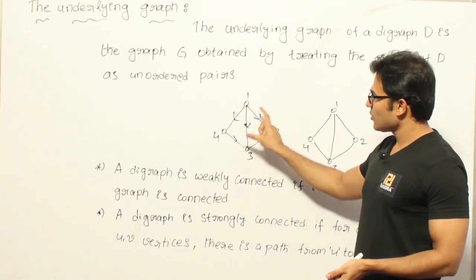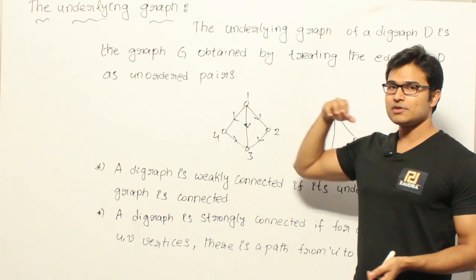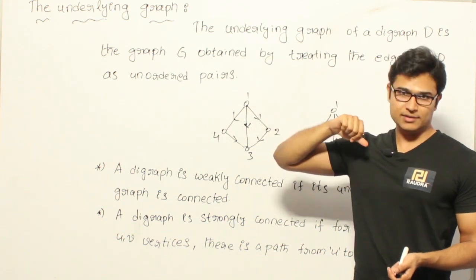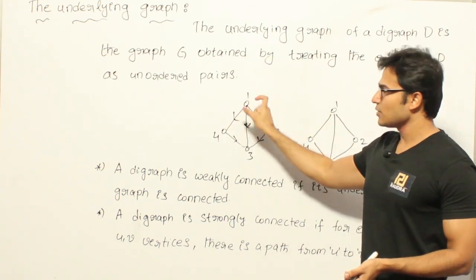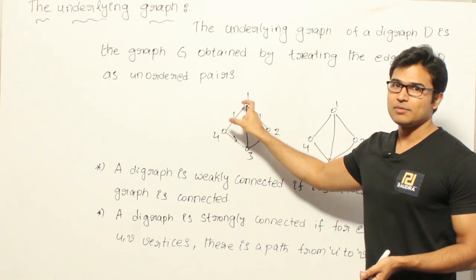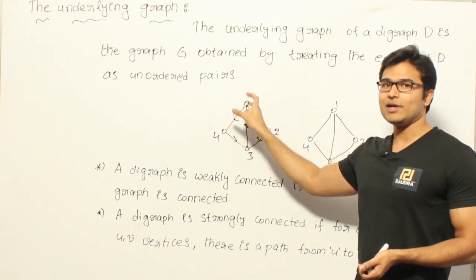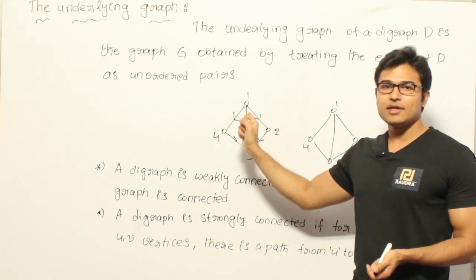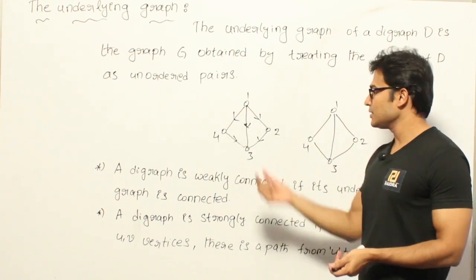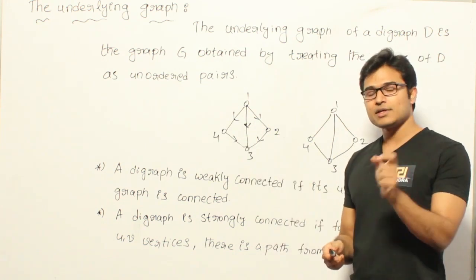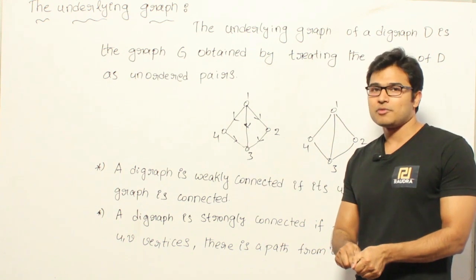In this case, connectedness is similar to the definition which we have seen in the undirected case. If between every two vertices there is an edge, then we can say that it is connected. But in this case, instead of saying between every two vertices, you have to say for every ordered pair, right?